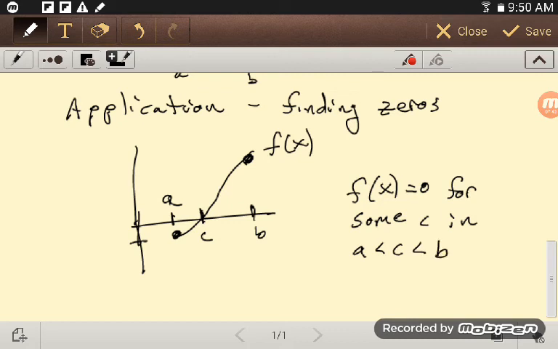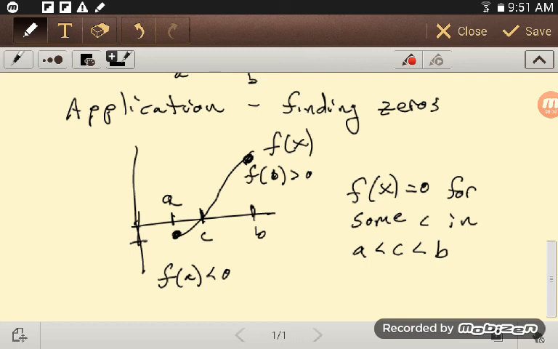So f of a was negative. Here we had f of a less than 0. Up here we've got f of b greater than 0. And so f of x had to be 0 somewhere in between.